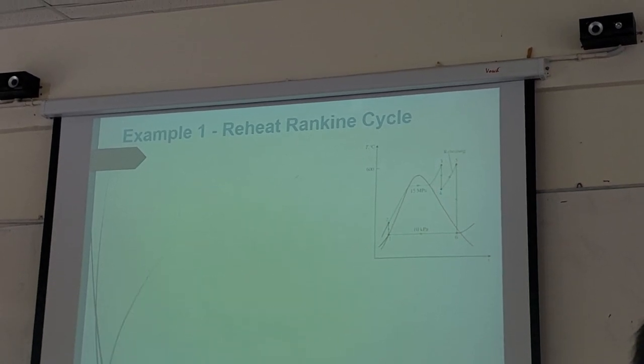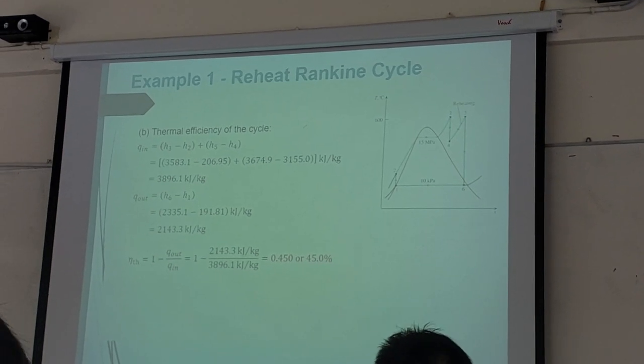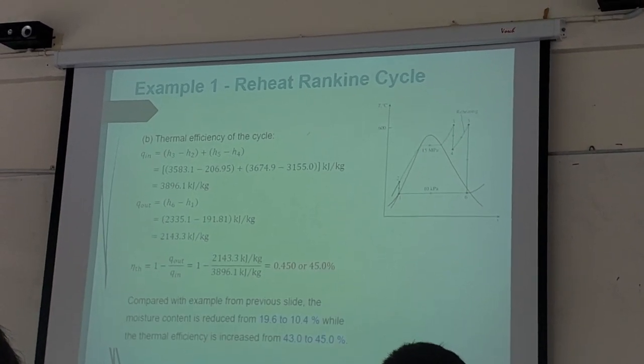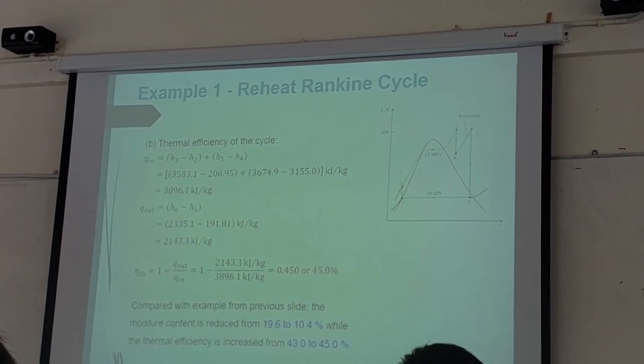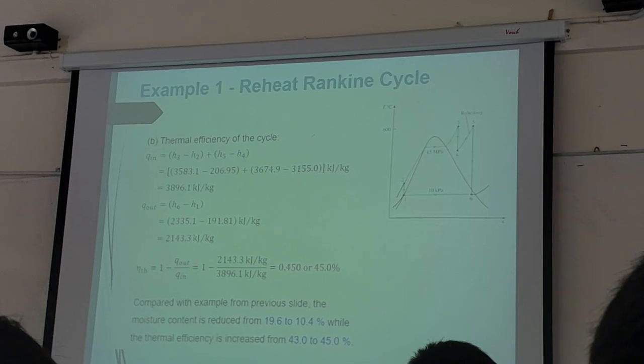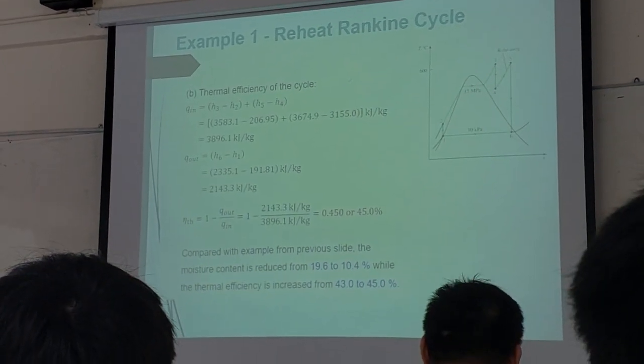Okay, so we move on. Since now that we have all the enthalpy values, then we can calculate the thermal efficiency. You can calculate Q in by using H3 minus H2, plus H5 minus H4, so don't forget the reheat part.